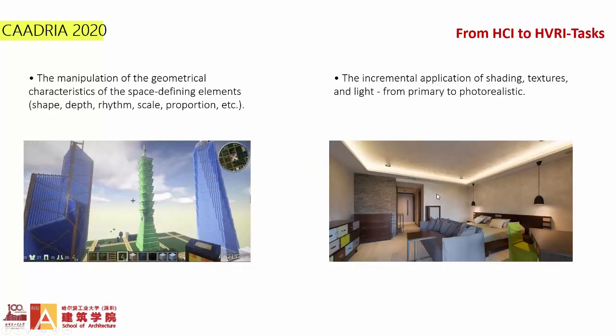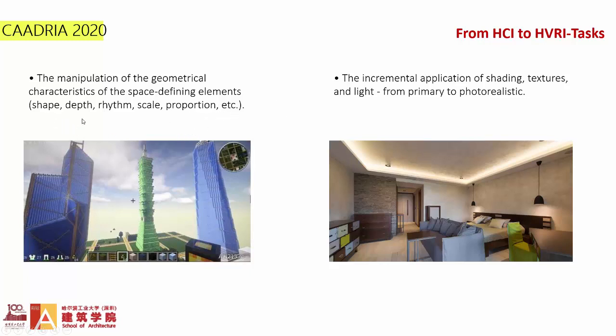So looking at all this technology and what we are hoping to achieve from human-computer interaction to human virtual reality, there are a few points that we need to add. The first one is the manipulation of geometric characteristics of space-defining elements.